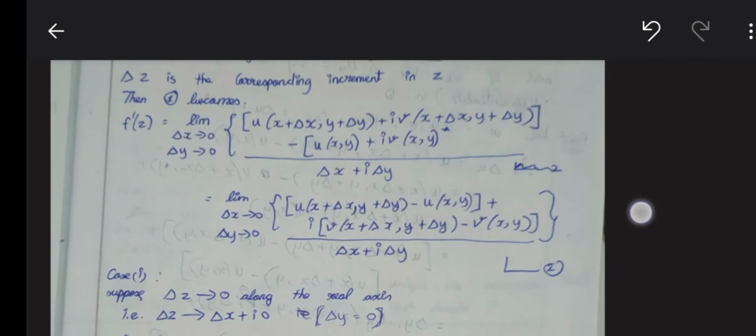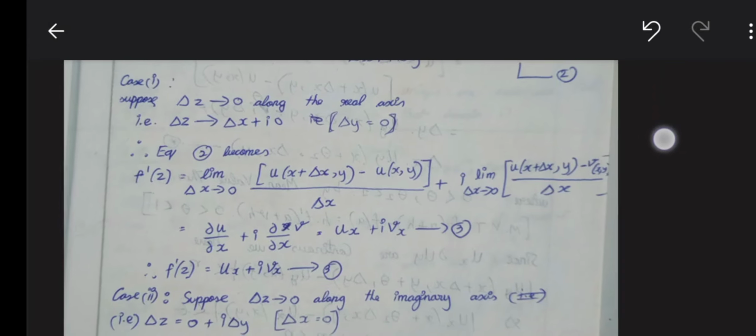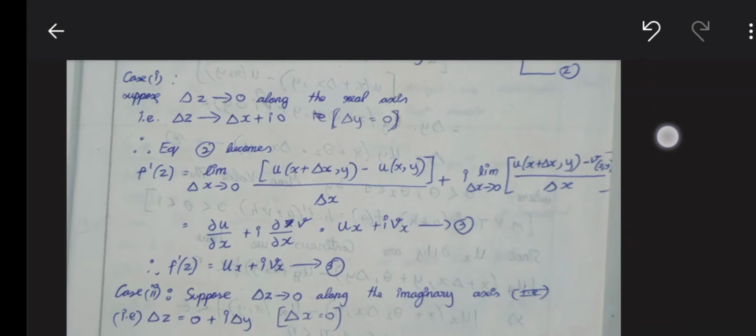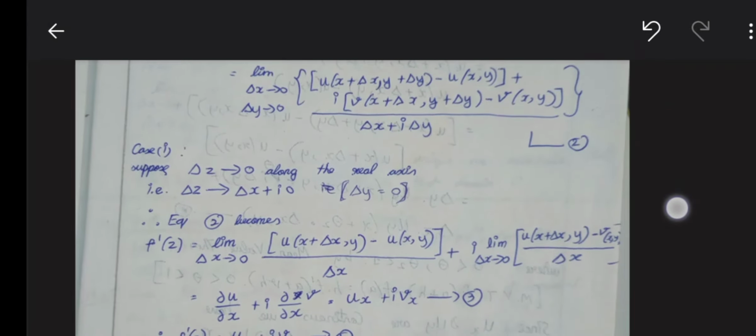If delta z tends to 0 along the real axis, then delta y will become 0, because only delta x is available on the real axis and delta y will always be 0. So we are simplifying using the second equation.